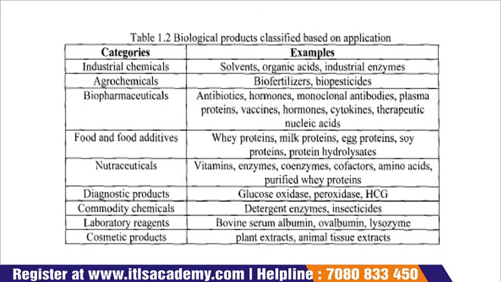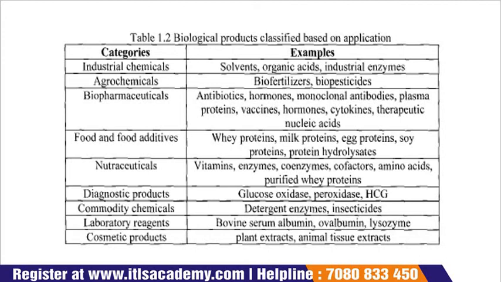The next category is food and food additives. Examples are whey proteins, milk proteins, egg proteins, soya proteins, protein hydrolysates. The next category is nutraceuticals. Examples are vitamins, enzymes, coenzymes, cofactors, amino acids, purified whey proteins. The next category is diagnostic products. The examples are glucose oxidase, peroxidase.